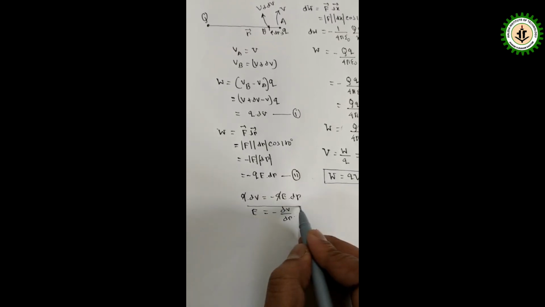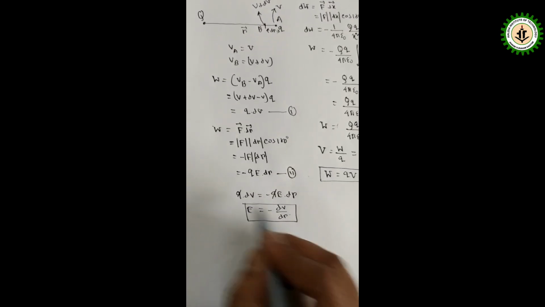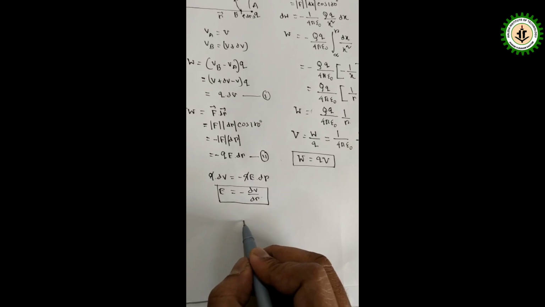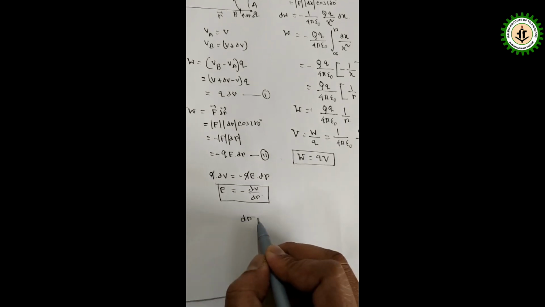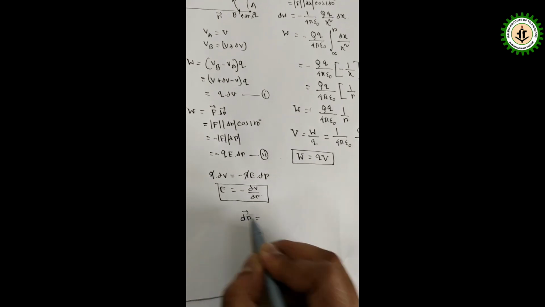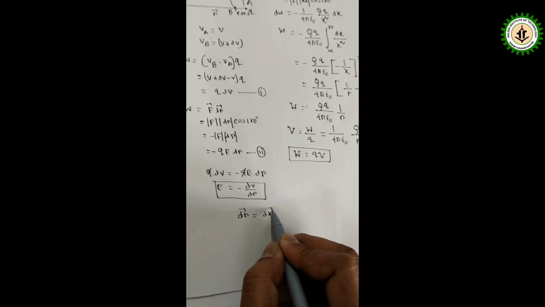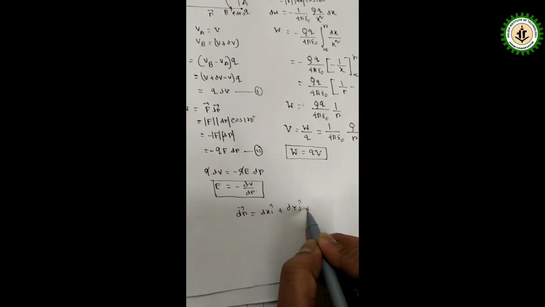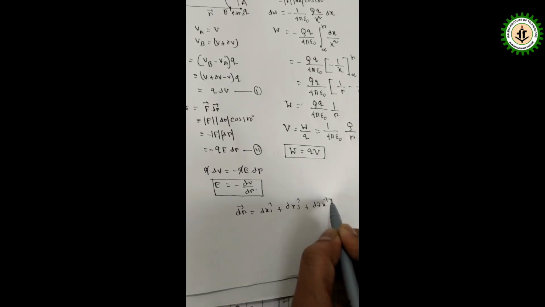Okay, now what is actually dr? dr is the displacement, and when we are talking about displacement, if I consider initially a Cartesian coordinate system, then I can write dr, the displacement, as dx along i plus dy along j plus dz along k.